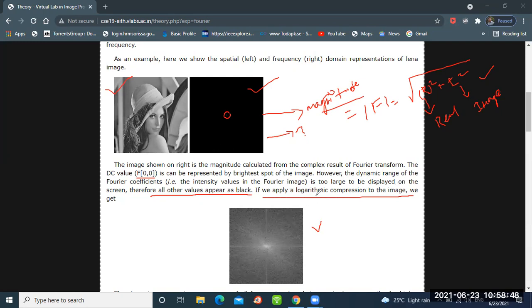When we perform the logarithm, we are reducing the intensity, because that is what a logarithmic operation does. So when we reduce the intensity, you will get an image like this. This is the actual image that we are going to get.